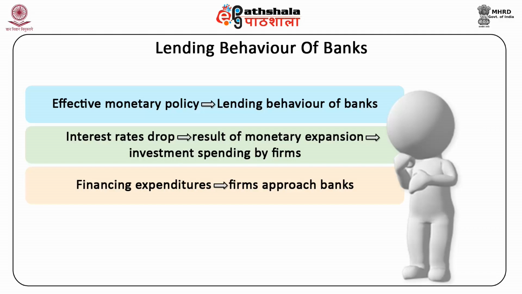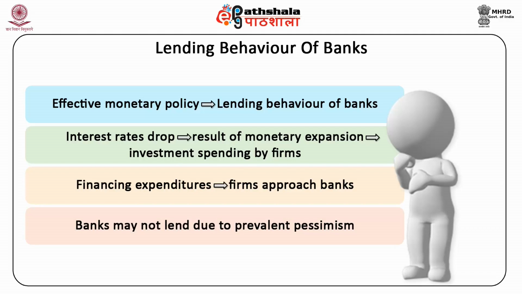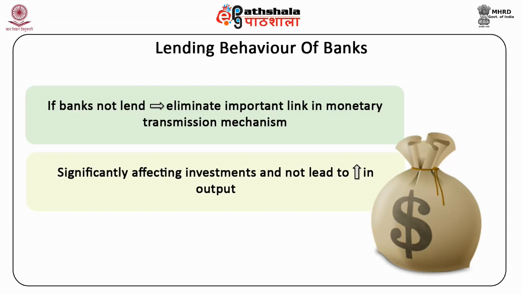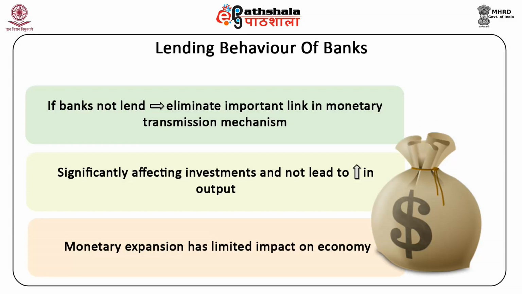But it may be possible that banks may not be willing to lend due to prevalent pessimism in the market. If the banks do not lend, this will eliminate an important link in our monetary transmission mechanism. Thereby, it will significantly affect investment and will not lead to a rise in output. That is the reason why sometimes monetary expansion has only a limited impact on the economy.